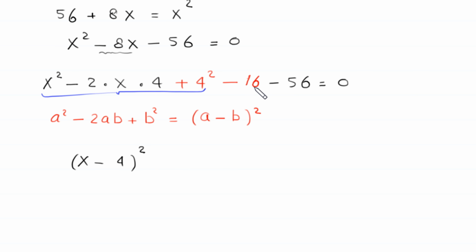This negative 16 minus 56 will become negative 72 is equal to 0. Move this negative 72 to the right hand side. This will become x minus 4 whole squared is equal to positive 72.